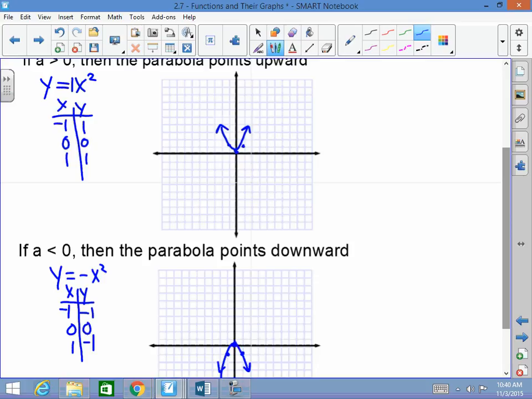If you have a negative A and you graph it and it's pointing upwards, you made an error, my brothers. That's all. No big deal. Erase it. Start over. So again, if A is positive, it points upwards, regardless of the graph. Think about the linear equations that we did. When the slope is negative, doesn't it go down from left to right? So if A is positive, it points upwards. If it's negative, it points downwards. Does that make sense? Yes, sir.